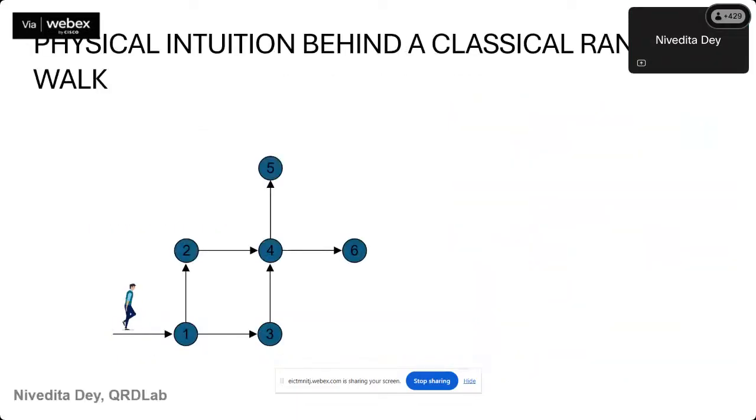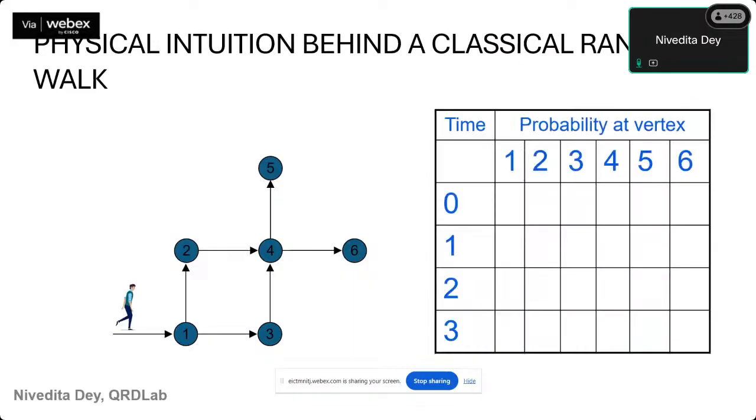So the physical intuition behind a classical random walk. Say a walker, a person, is walking. So he's at point one. So at time zero, the probability that he will be at vertex one is one. Absolutely, it is 100% probability because there are no alternatives.